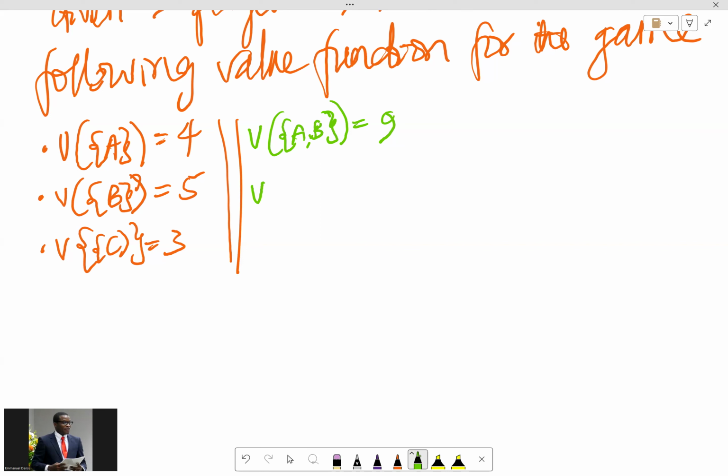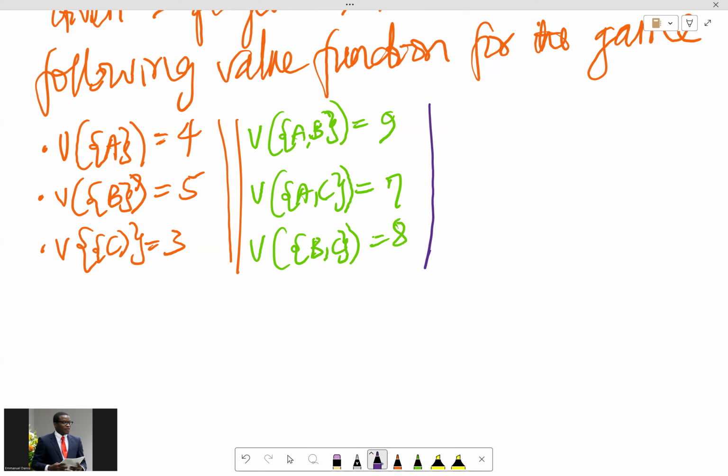Then we have the value of players A, C, and that is 7. The value of the coalition between players B and C is 8.